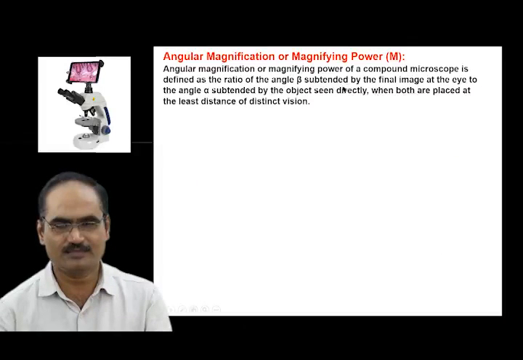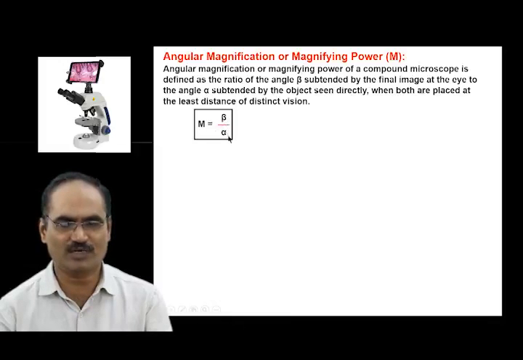It is the angle subtended by the final image to the angle subtended by the object at the observer's eye directly, when both are placed at the distance of least distinct vision. So we write the magnification m is equal to beta by alpha.